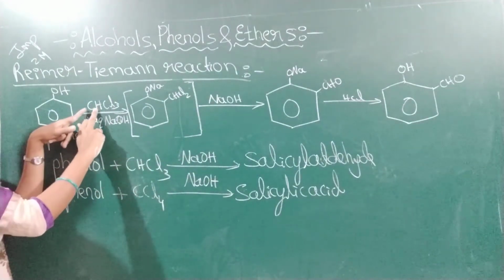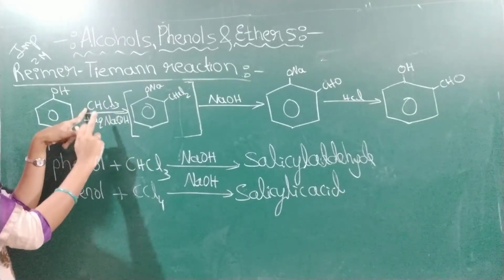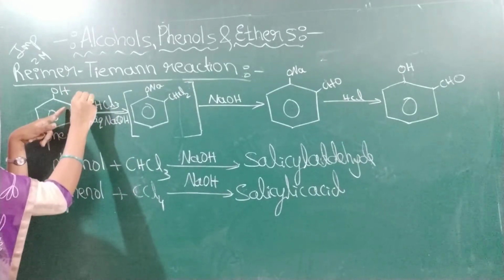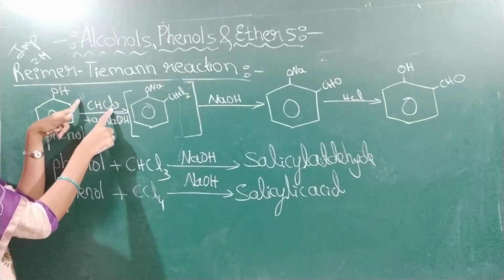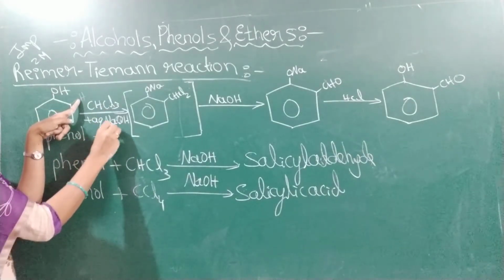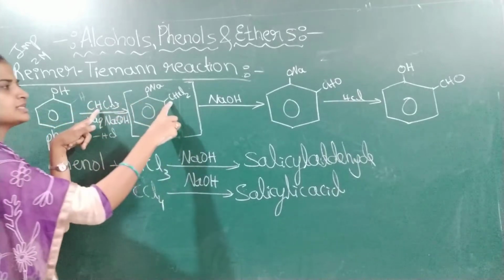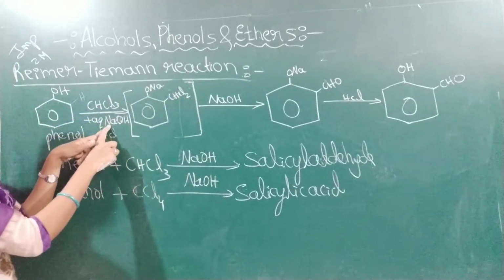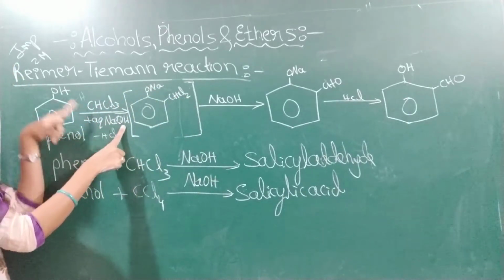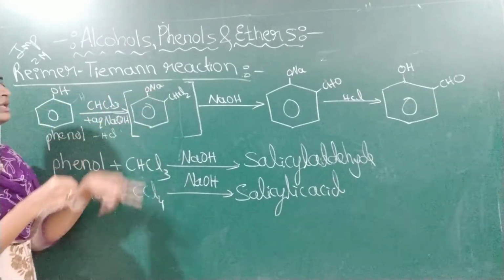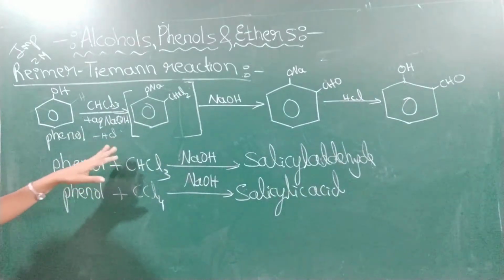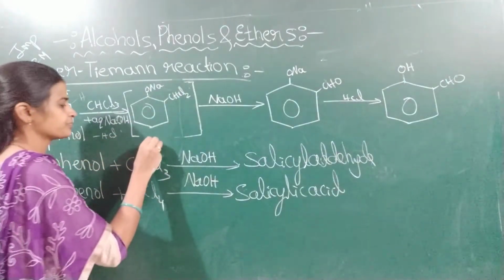Phenol is treated with CHCl3. One H will get eliminated with one Cl, so HCl is eliminated and CHCl2 remains. And with NaOH, water, H2O, will get eliminated, so ONa remains. This is the intermediate product.